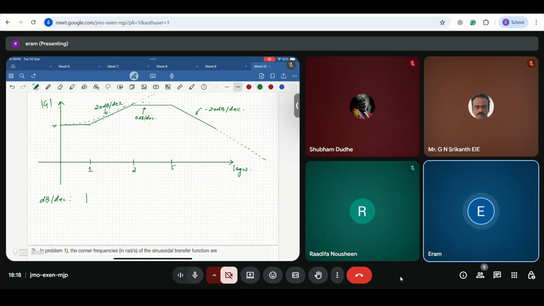Okay, you know how to calculate slope, so slope is nothing but y by x, right?